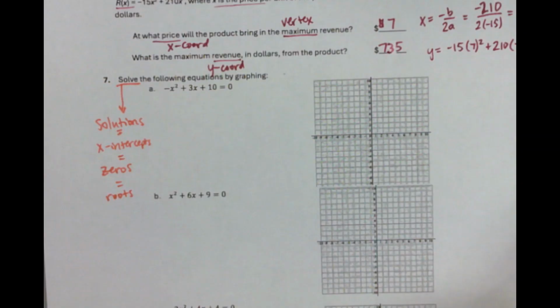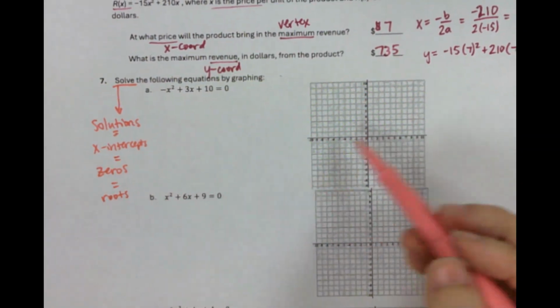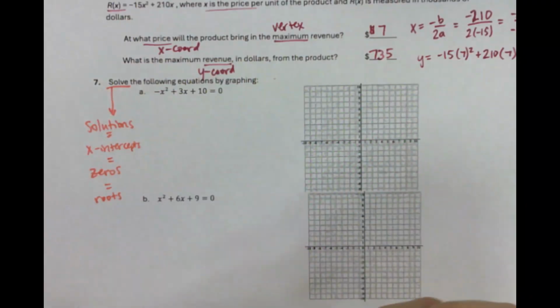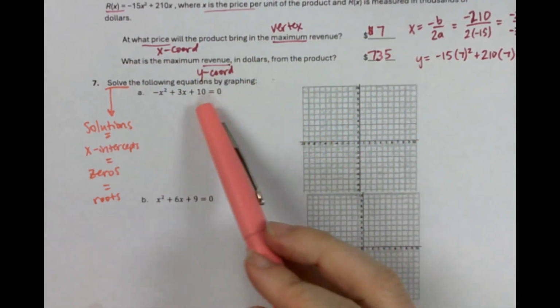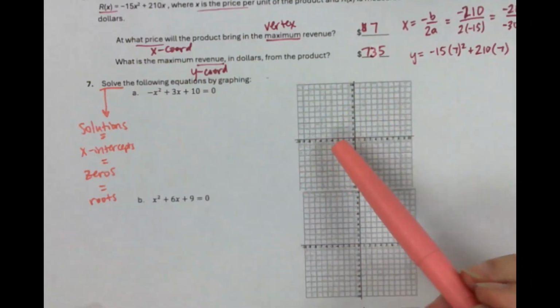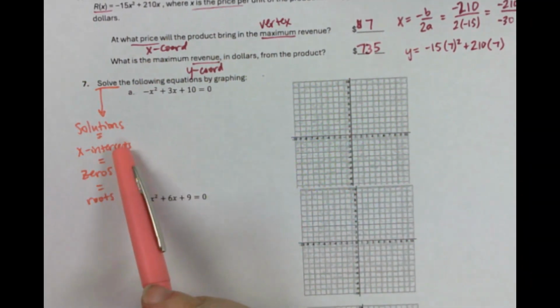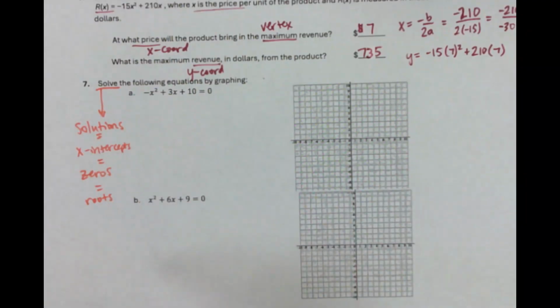There's lots of names for the solutions of a function. So we want to solve this by graphing, which means we want to graph it and find the solutions, which are our x-intercepts.